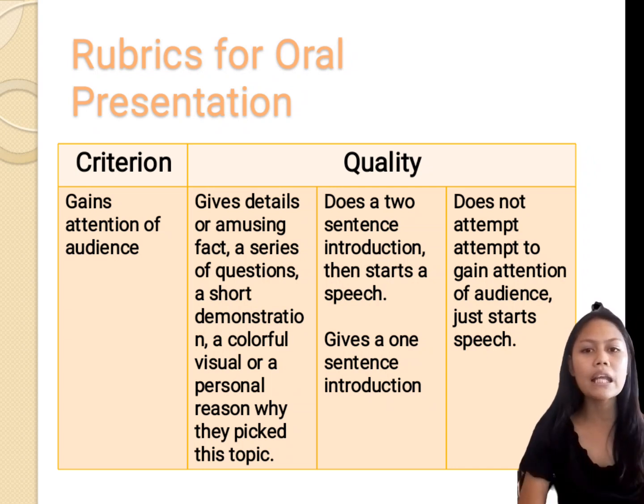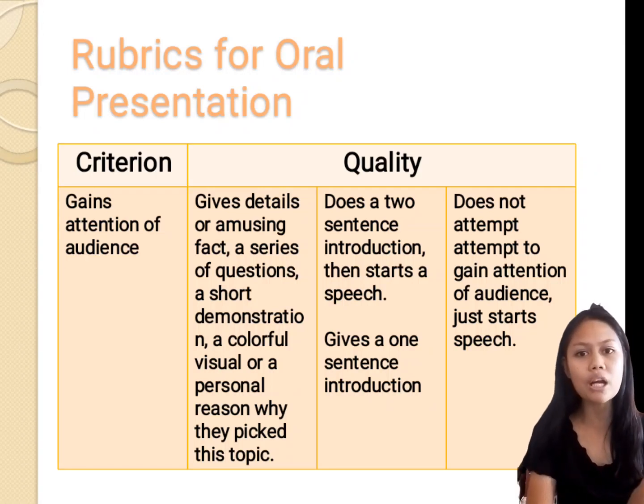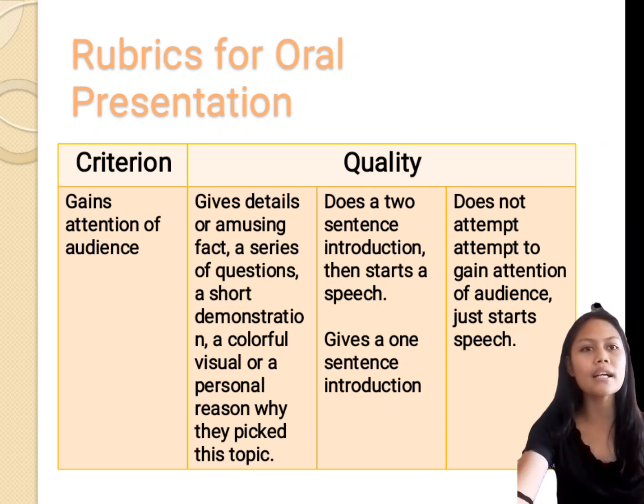So those are the qualities that you need in order to have a better grade in oral presentation. These are the guides to make our oral presentation better. So those are the rubrics for oral presentation.